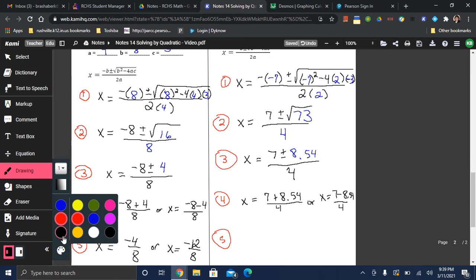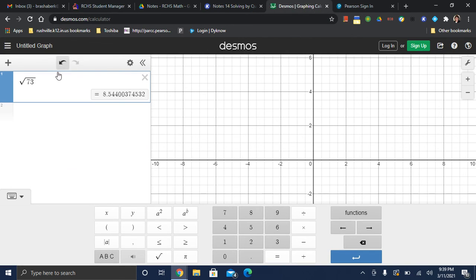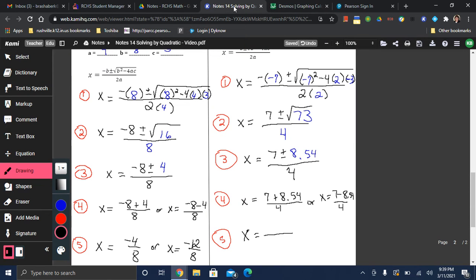So for line 5, we'll work on those numerators. So x equals, now, if you need a calculator, just go ahead. So 7 plus 8.54 is 15.54. So that's easy to do. Just use a calculator as much as you need it. So 15.54, and the bottom is a 4.